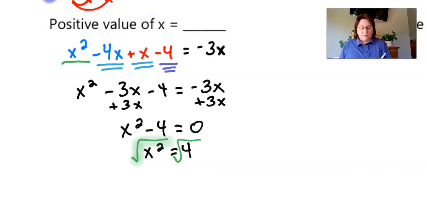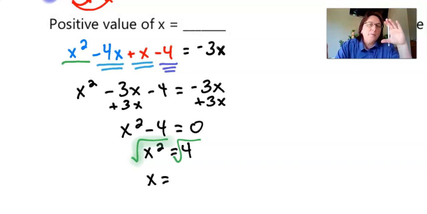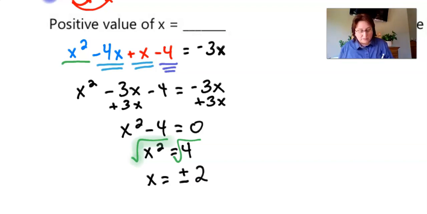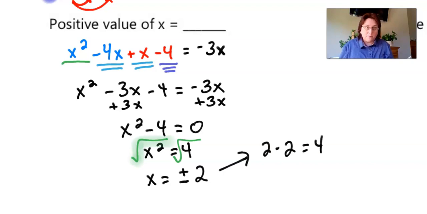When we take the square root of x squared, it gives me x. And when we take the square root of 4, I don't know if you remember this, but when you take the square root of a number, it can be either positive or negative. Let me explain why: 2 times 2 equals 4, that's what 2 squared means, and -2 times -2 also equals positive 4.